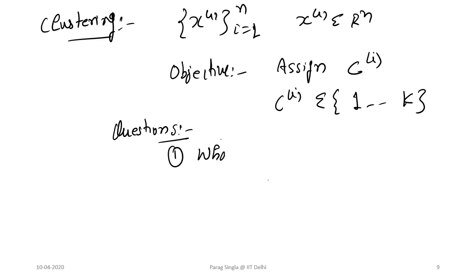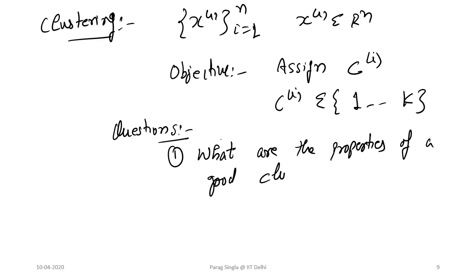The first question that you need to be able to answer is: what are the properties of a good clustering? So how do you mathematically define what is a good clustering? In the previous slide we saw that a good clustering, at least visually, would be where points which are close to each other are assigned to the same cluster.